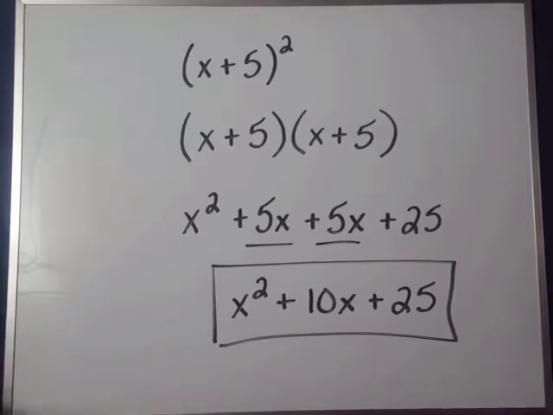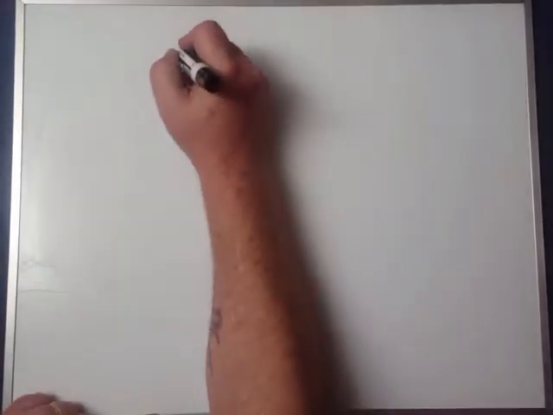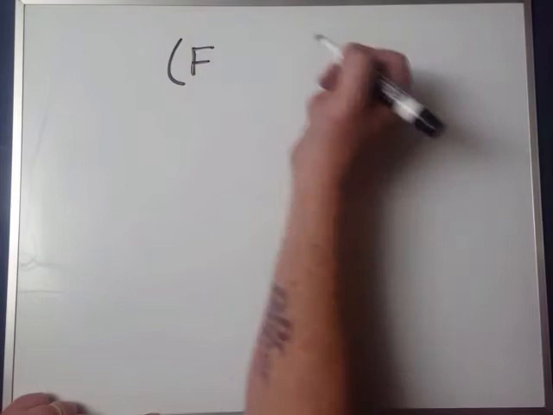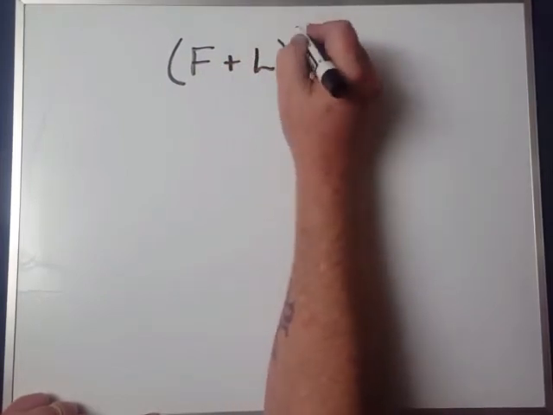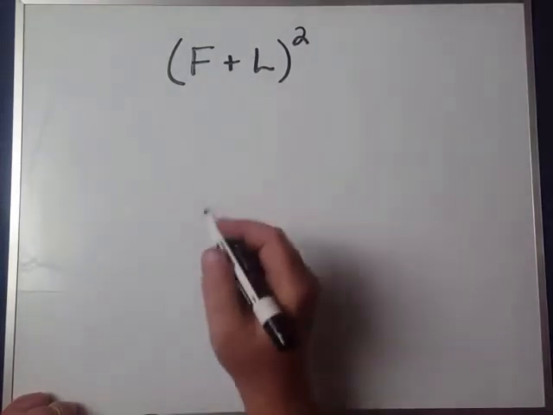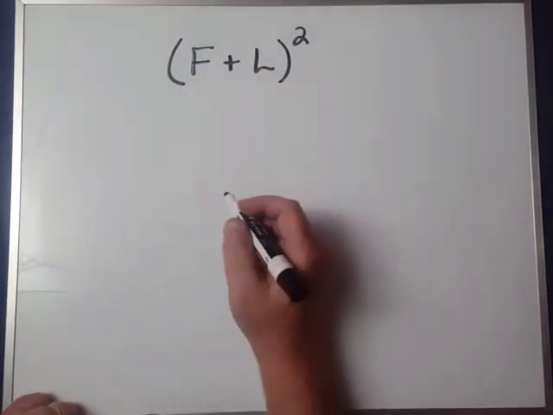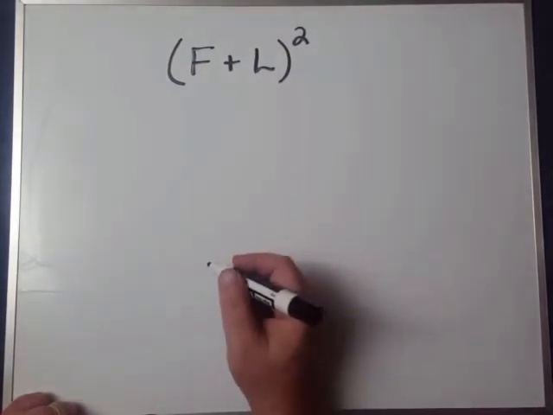Well, let's look at this generically. Let's consider if I write this as a first term plus a last term quantity squared. Now if I just leave this generic and we see what happens at the end, we may discover a pattern that we can take advantage of.